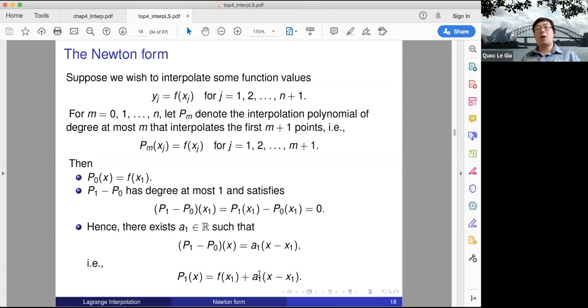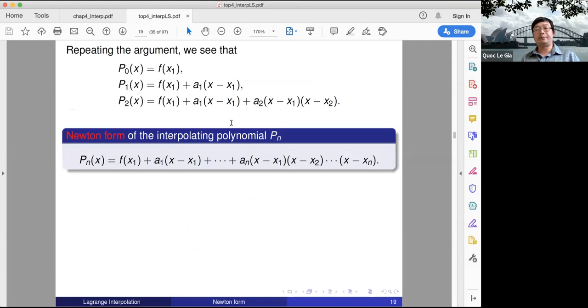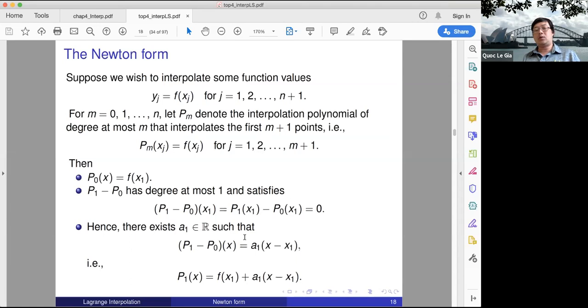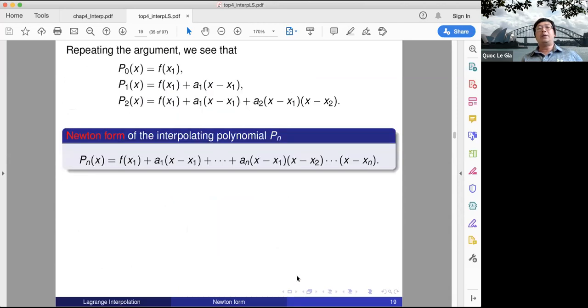And now what is the slope? Well, we already showed the slope. But now what you look at is P1 is just f of x1 plus some slope times (x minus x1).